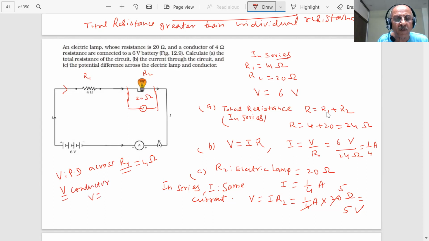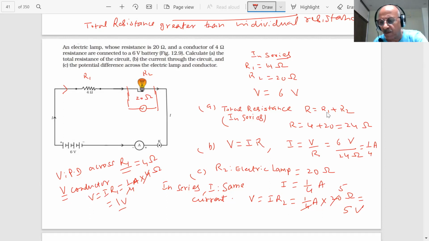V will be equal to I into R1. Current is the same, 1 by 4 ampere. R1 is 4 ohms. What will that be? 1 volt. So you can see that 1 volt is here and 5 volt is here.